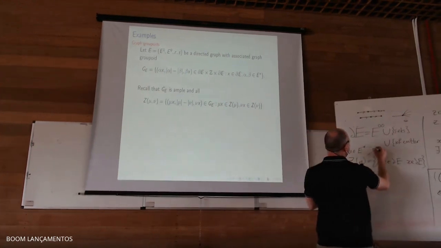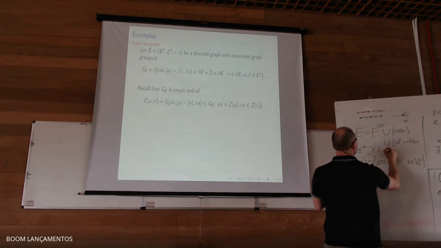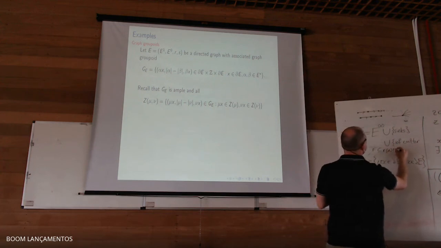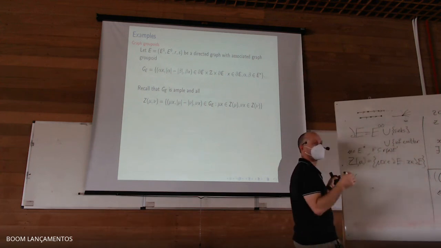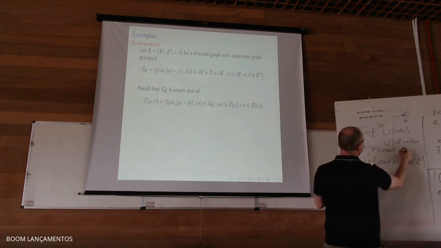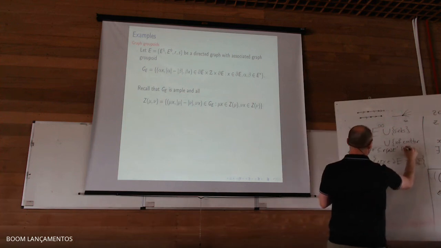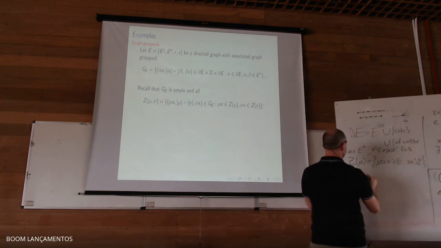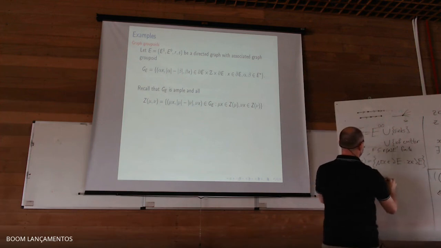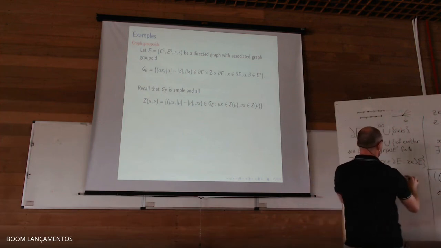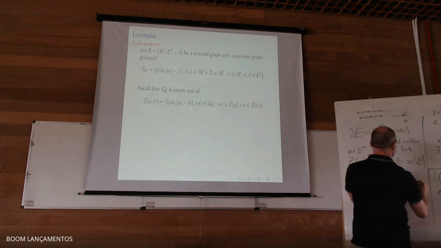if we have a finite set F contained in the set of all edges leaving the range of mu. This is finite. Then we could consider the punctured cylinders of mu e.